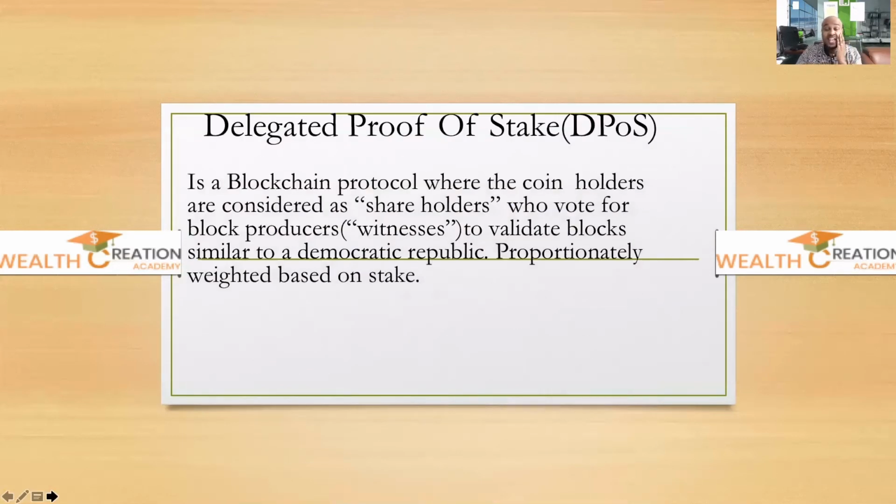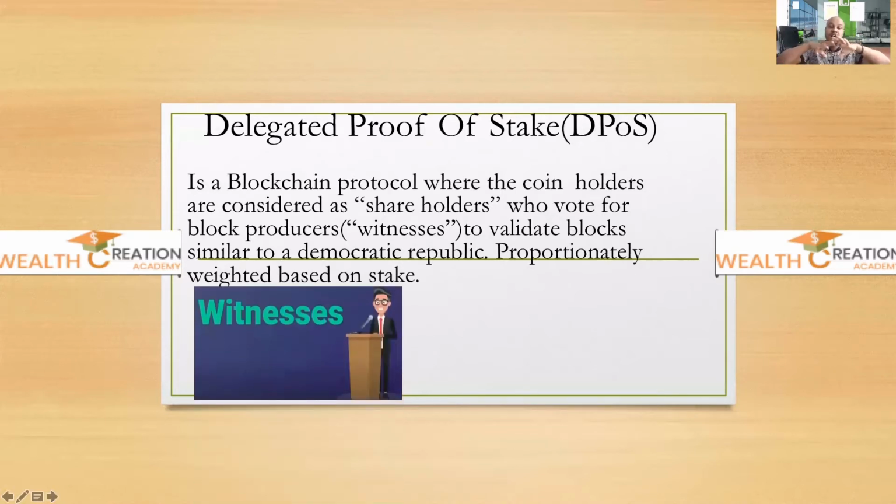Now, delegated proof of stake is a little bit different. It is a blockchain protocol where the coin holder is considered a kind of shareholder, and you can vote for block producers, which are called witnesses. So the block producers are called witnesses.